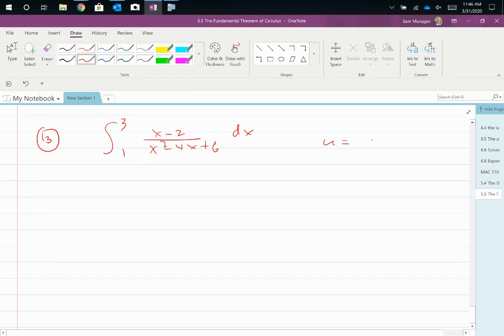U is equal to x squared minus 4x plus 6. U prime is equal to 2x minus 4. Consider that this is 2 into x minus 2. Now, we already have the x minus 2 part here, so we need to just manufacture a half to cater for that.